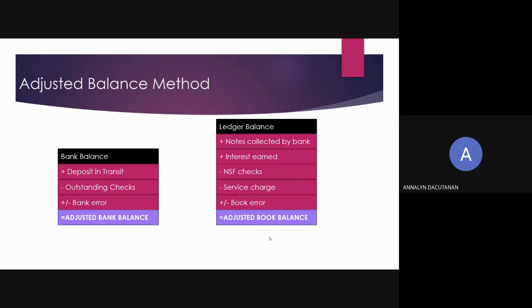You need to recheck your items. Okay? So guys, I need you to remember these things kasi yung next natin, that's another way of reconciling your account. If it's understood, guys, please type number 6 before I move on.